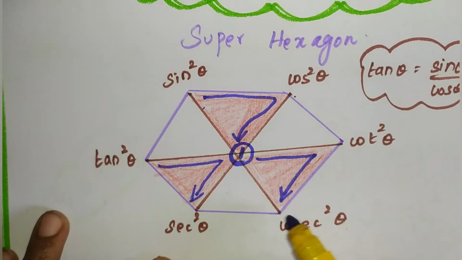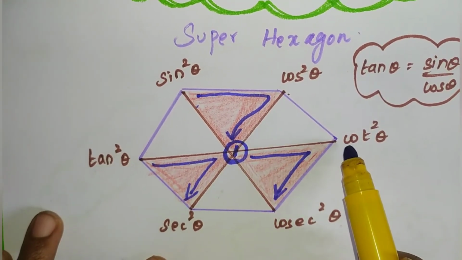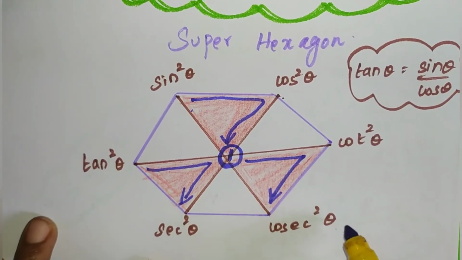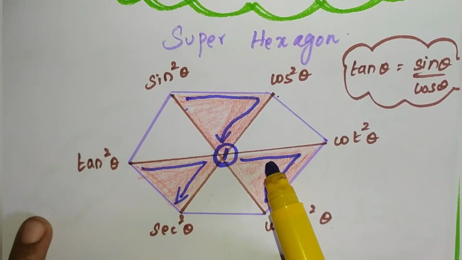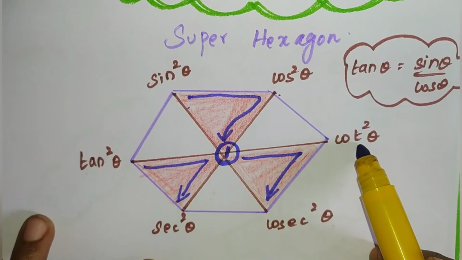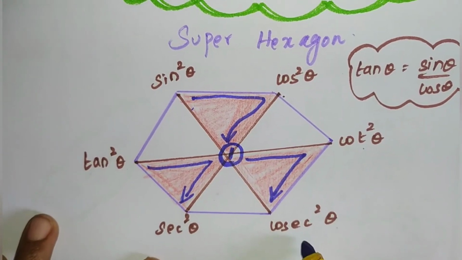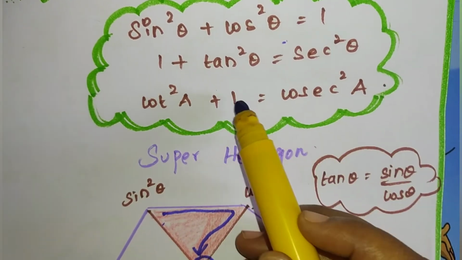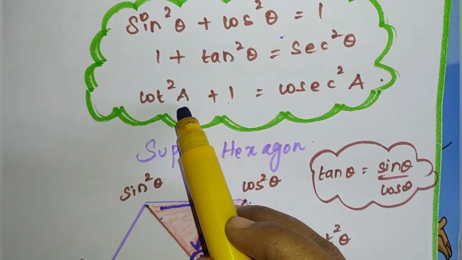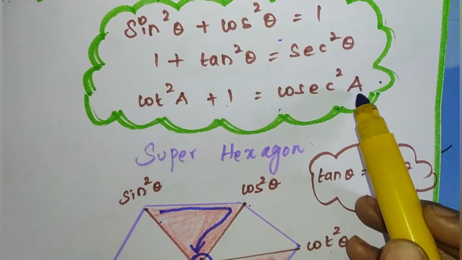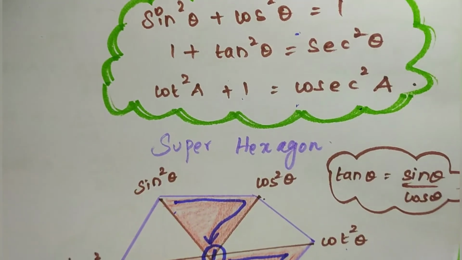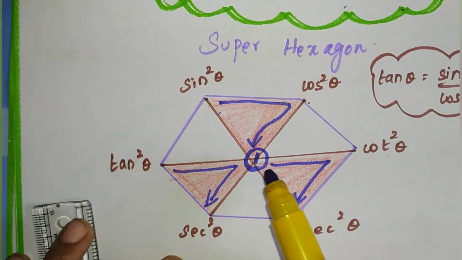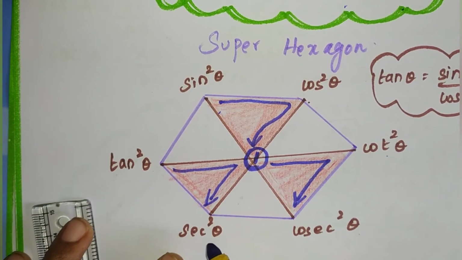And then second, 1 plus cot square theta is equal to cosecant square theta. That is this one. Clear? And then next one, tan square theta plus 1 is equal to secant square theta.